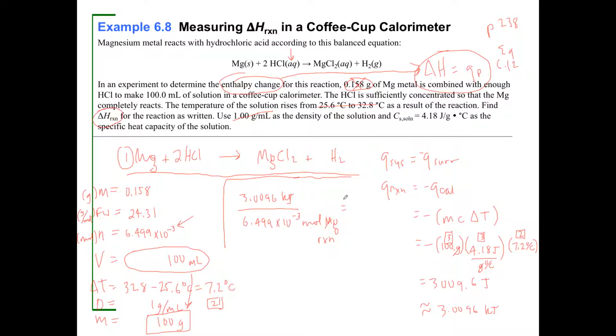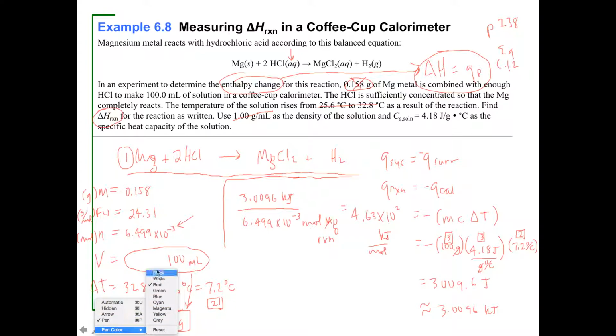So it comes to 4.63 times 10 to the 2 kilojoules per mole. I'm going to change my color to black to show the answer.